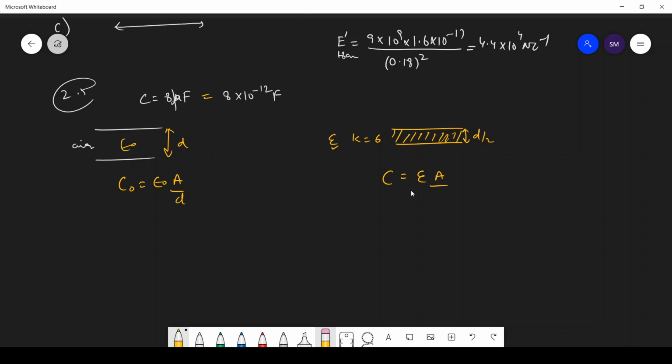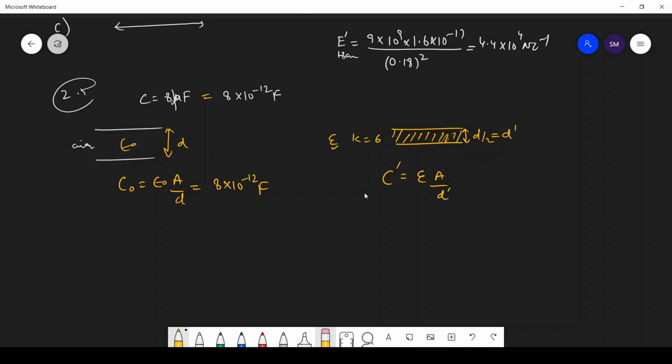So A by d, suppose we write it as d dash. The area is the same, and this is equal to 8 into 10 to the power minus 12 farad. Now we have to tell how much this is.